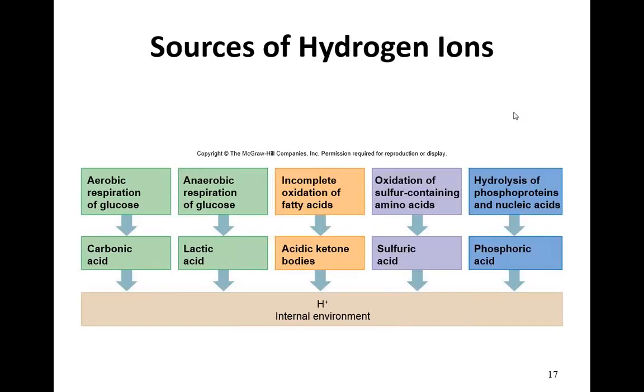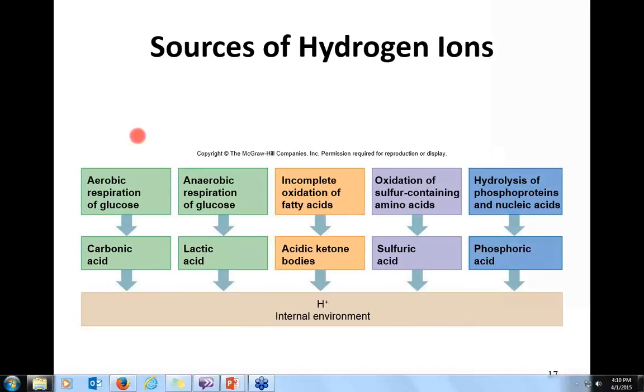So where do hydrogen ions come from besides ingestion? Well, some foods you eat are acidic, but just breaking down these foods, like the aerobic respiration of glucose, can increase carbonic acid. Anaerobic respiration of glucose can produce lactic acid, particularly in our muscles.